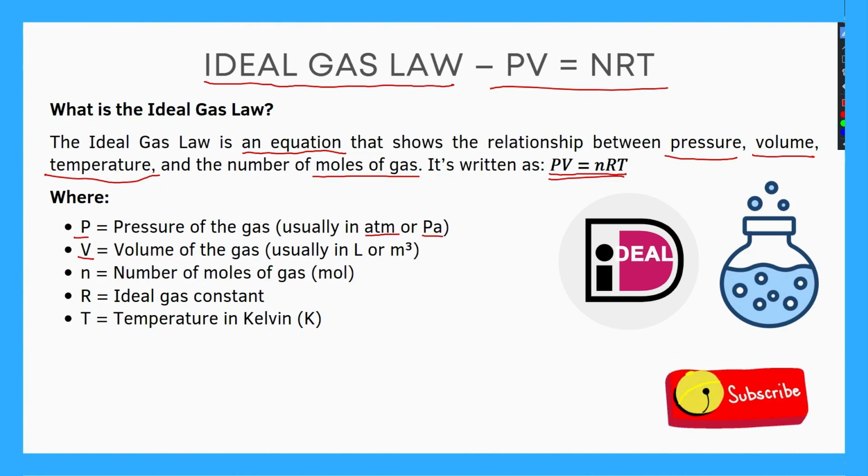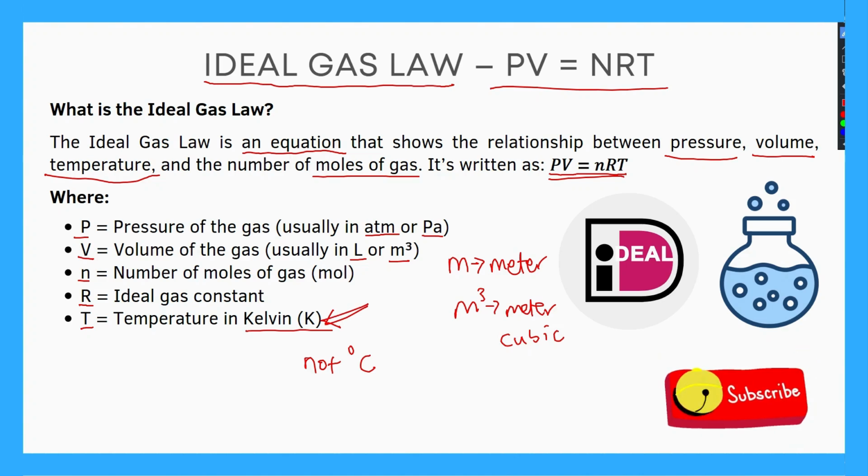The volume of the gas is usually measured in liters or m^3. Here, m stands for meter, so m raised to power 3 refers to meter cube or cubic meters, whichever one you choose to call it. n stands for the number of moles of a gas, and R stands for the ideal gas constant, and finally T stands for temperature, which is measured in Kelvin, not degrees Celsius, always measured in Kelvin.